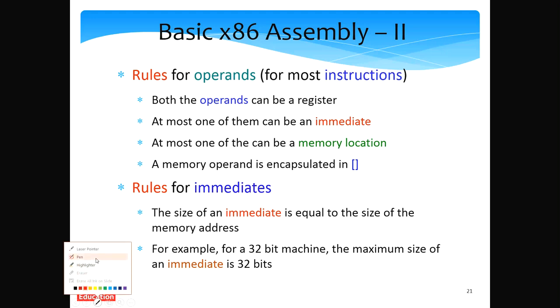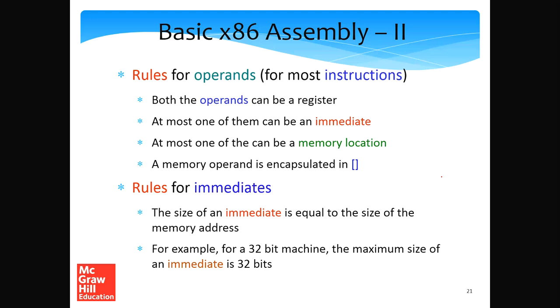Let us now look at some of the basic rules for operands for most x86 instructions. Both the operands can be registers, which is fine. This rule was also there in our earlier instruction sets, ARM and simple RISC.